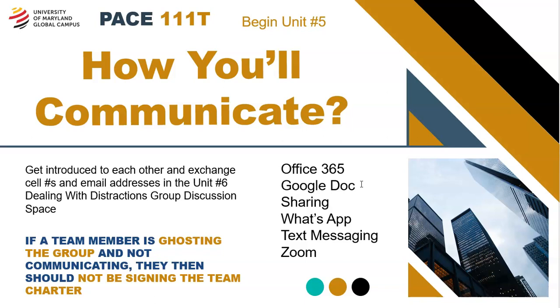So feel free to utilize whatever communication platforms are easiest for your group. You want to get introduced to each other now. We're getting ready to end unit number 3, but things are, as you probably have discovered, moving very quickly in the session and this course.